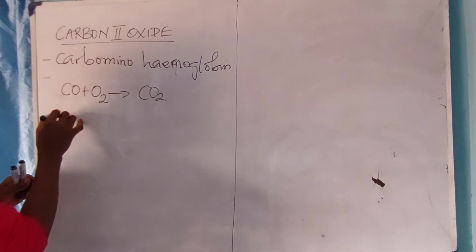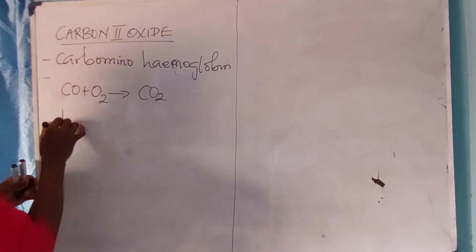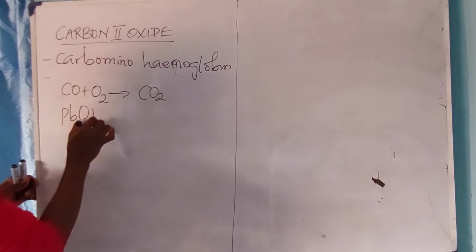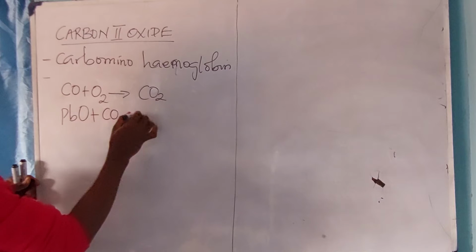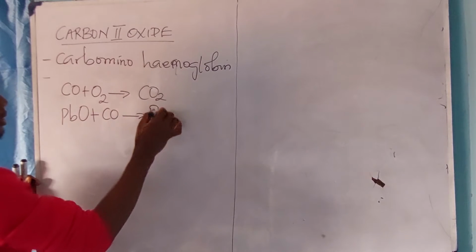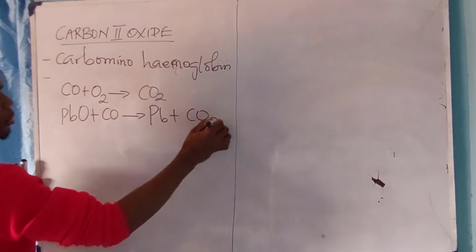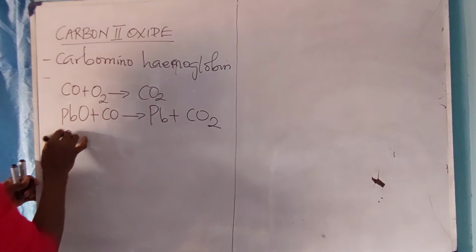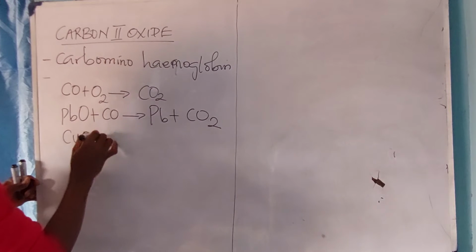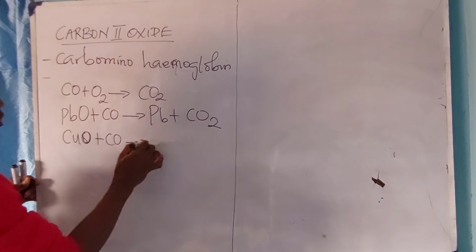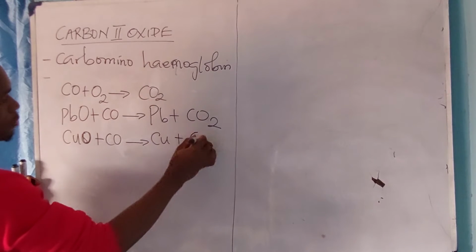That is, lead 2 oxide will react with it to produce lead and carbon 4 oxide, and copper oxide to produce copper and carbon 4 oxide.